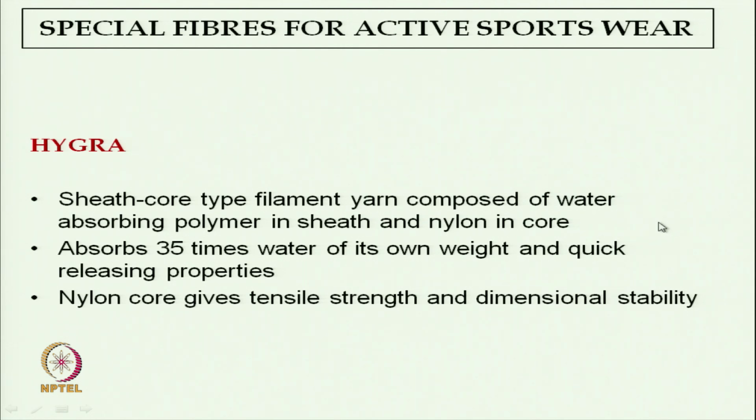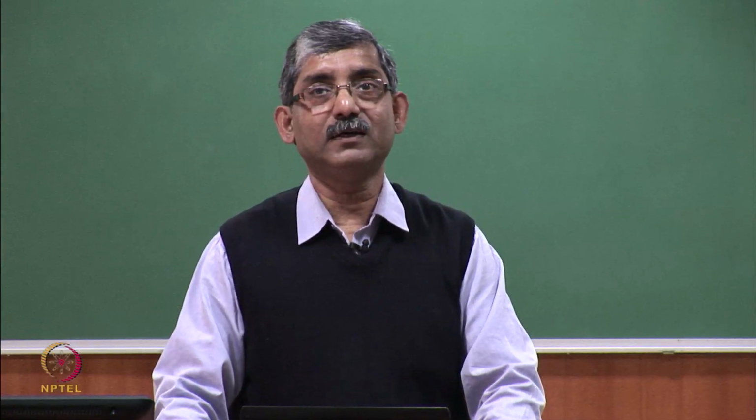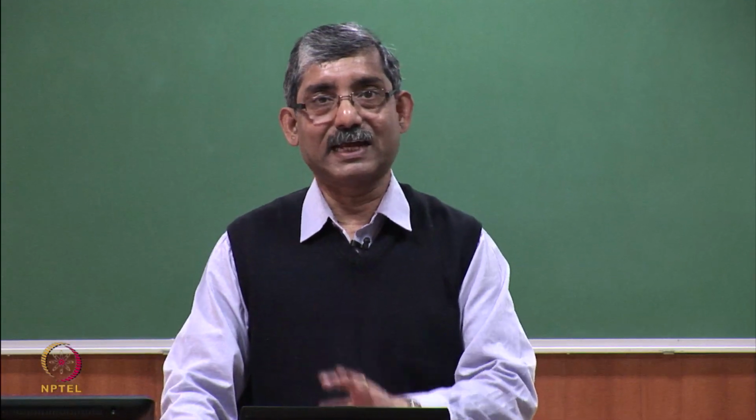The nylon in the core helps in keeping the dimensional stability and strength, and the absorbing polymer in the sheath gives quick release of moisture or sweat from the body of the sports person. It absorbs about 35 times of water of its own weight, so it can absorb a high amount of water, keeping the strength and dimensional stability intact.